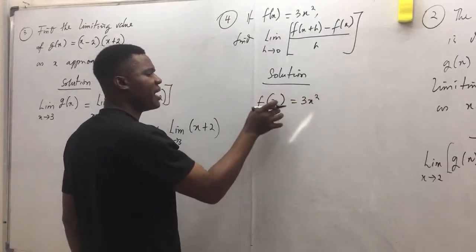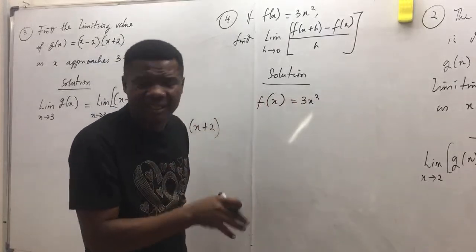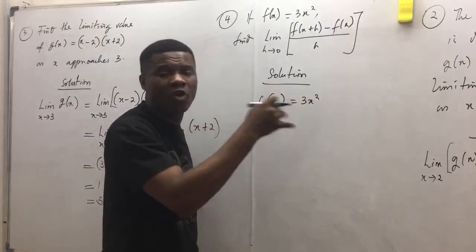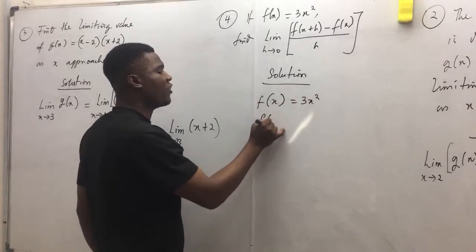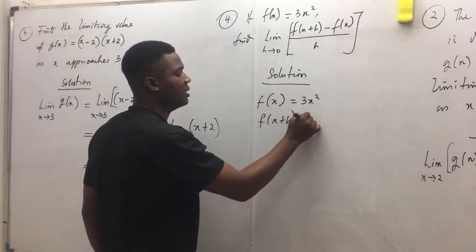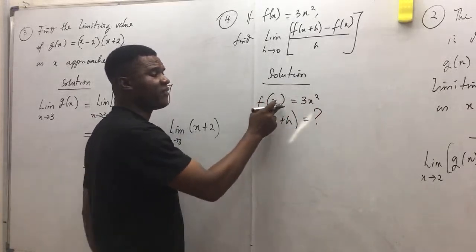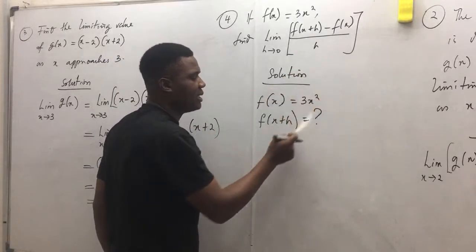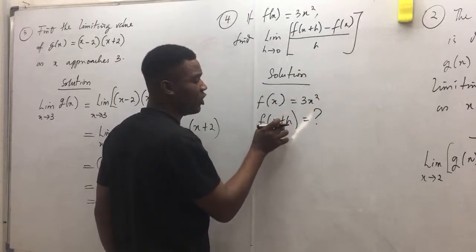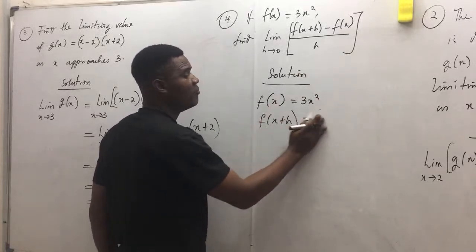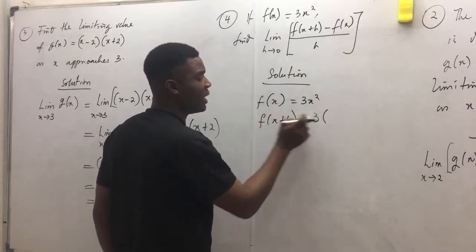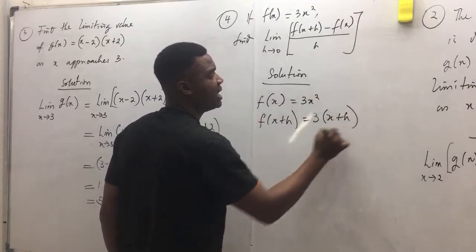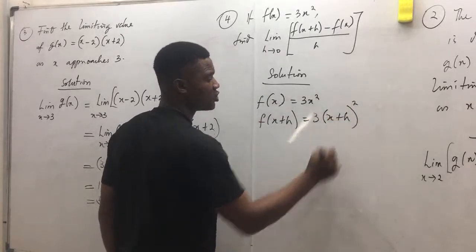So if f of x is 3 times x all squared, then f of x plus h, when x becomes x plus h, is 3 times x plus h all squared.